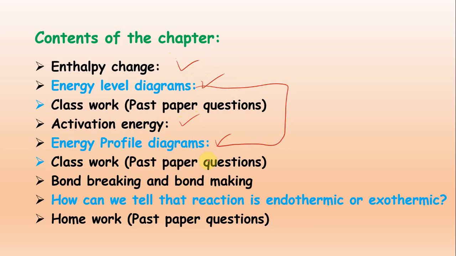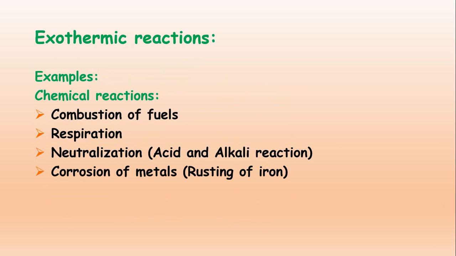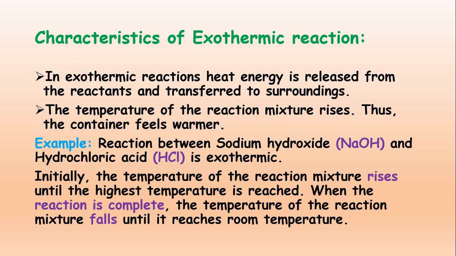Some questions we will discuss. Then bond breaking and bond making. Last, how can we tell whether the reaction is endothermic or exothermic on the basis of the calculation. Then we will also solve some questions. So let's look at today's topic. These topics which we have covered in our last class.